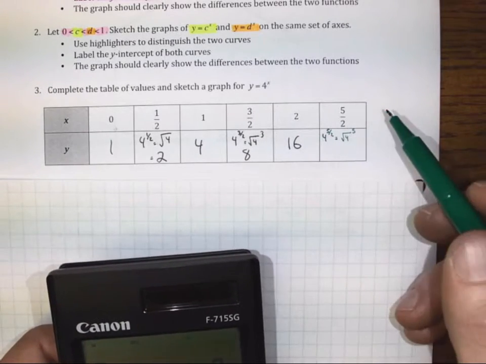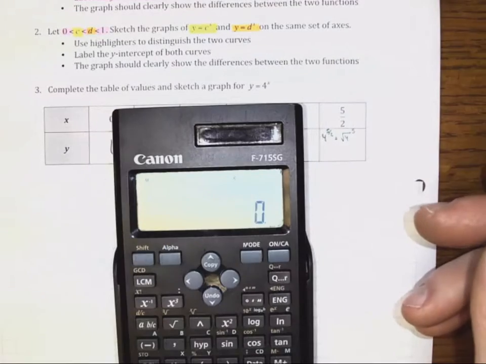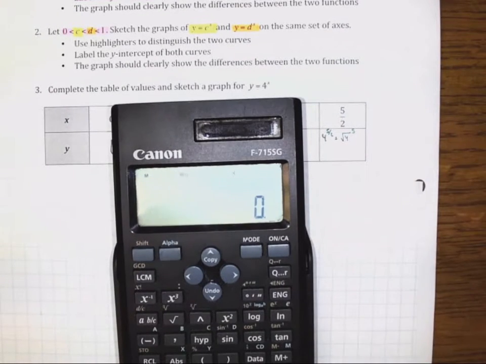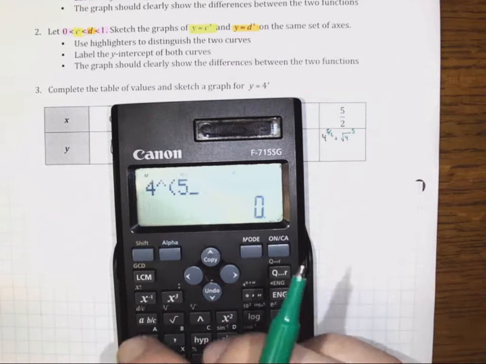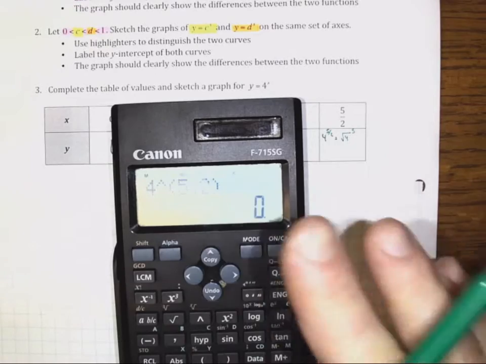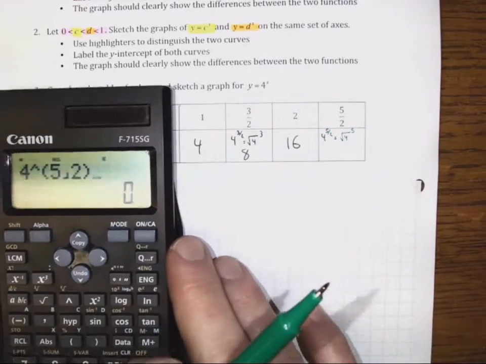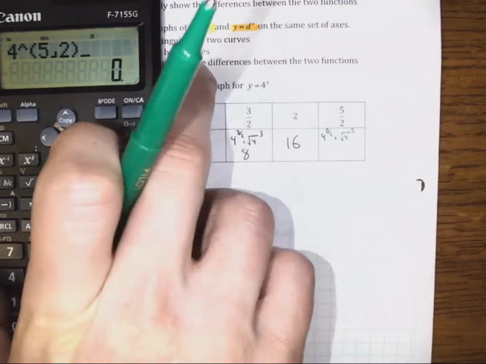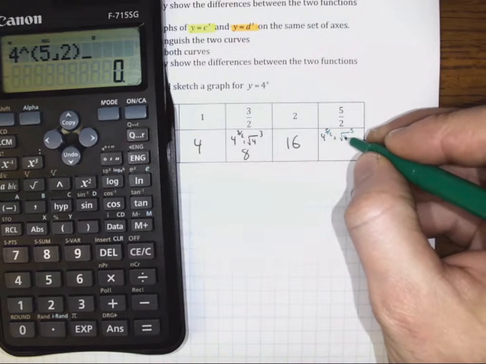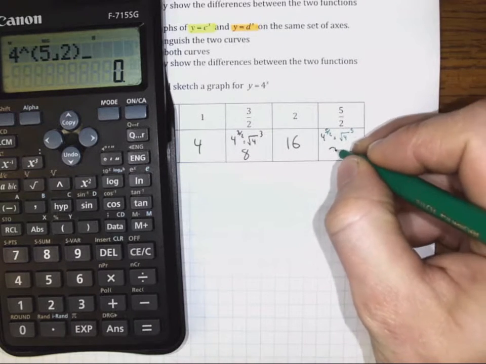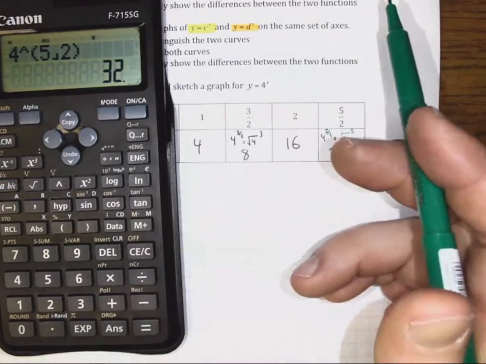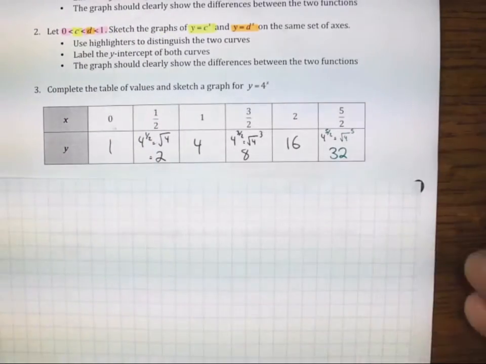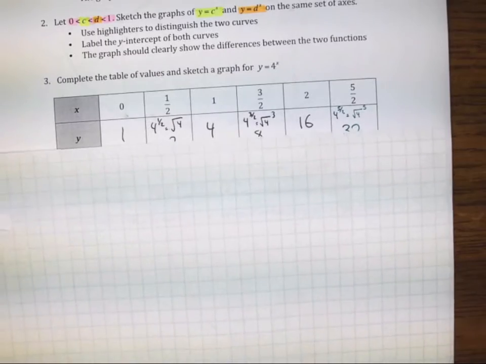If this is your last math course, you can actually punch it into a calculator: 4 to the power of, I like to put brackets around this, but you shouldn't need to if you use the fraction button, and 5 halves. We're going to keep that there, and we'll come back to it. So the square root of 4 is 2, and 2 to the power of 5 is 32. And it works. Great, so now we'll sketch this guy.